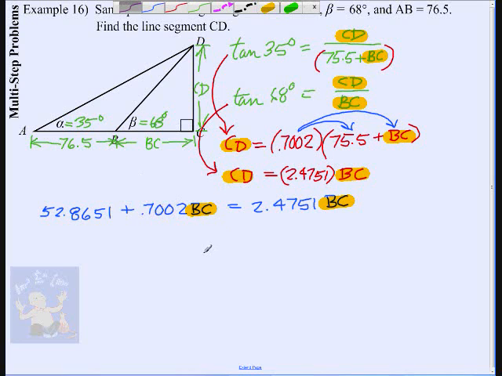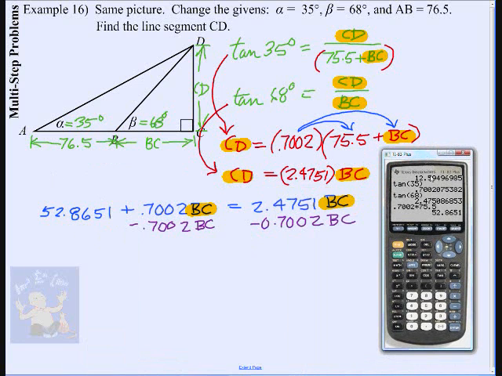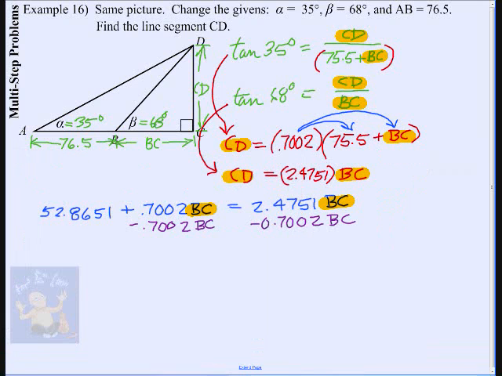You bet. So I'm going to subtract 0.7002 BC from both sides. 2.4751 minus 0.7002 gives us 1.7749 BC. So 1.7749 BC is equal to 52.8651, since this zeroed out.